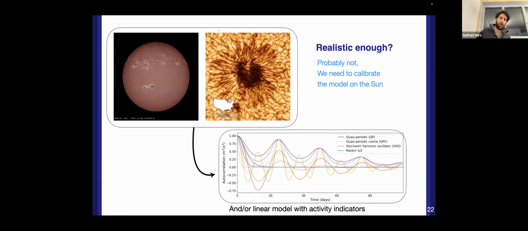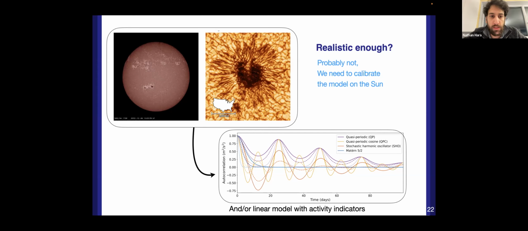But the thing is, when you look at images of the sun, the evolution of the spot, how the facula spread, the magnetic network, the granulation pattern, it seems unrealistic to me that we can grasp all this information just with a stationary Gaussian process.